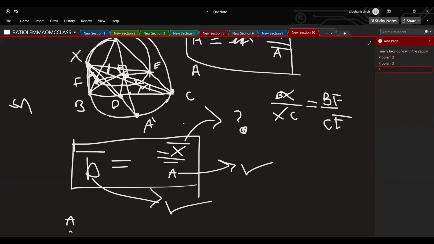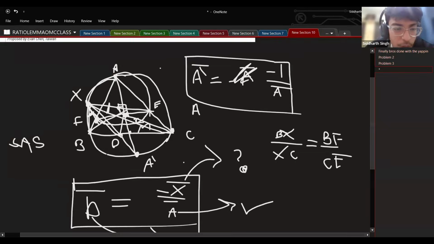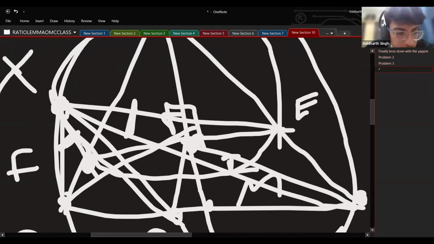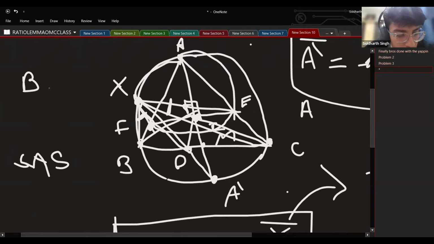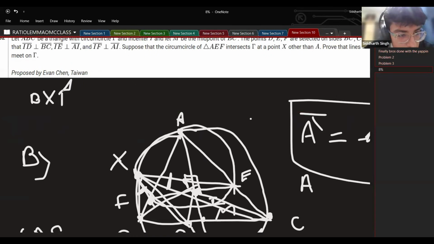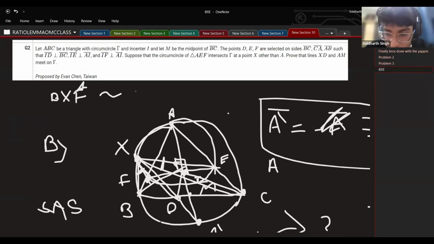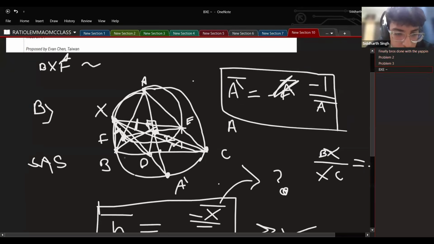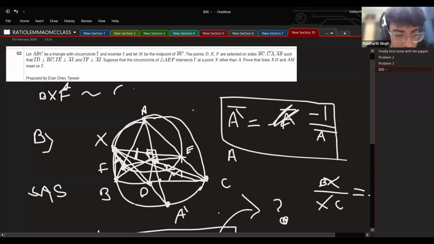Is this visible? The diagram is not visible. Basically, the point I'm trying to say is that BXF is similar to CXE.